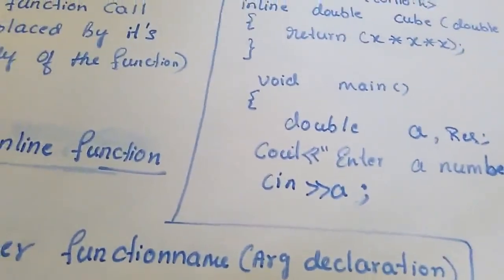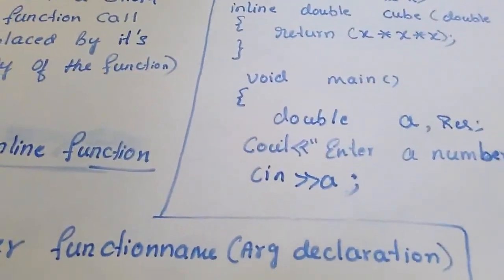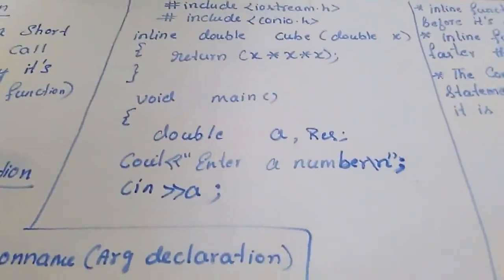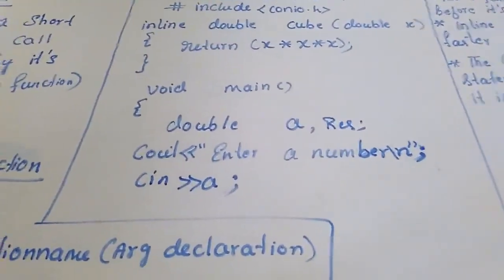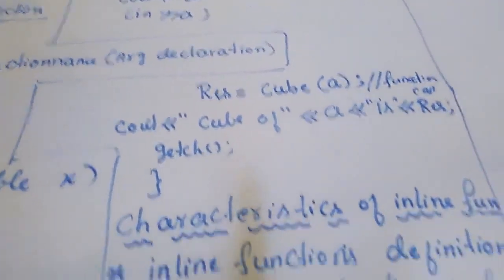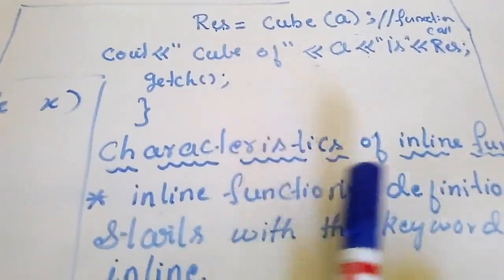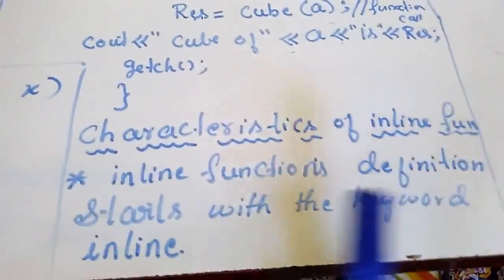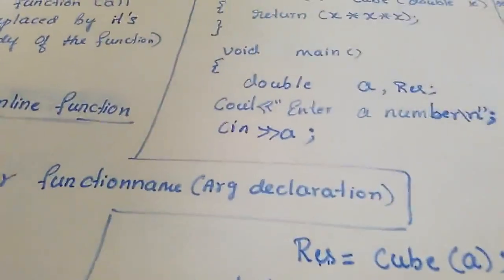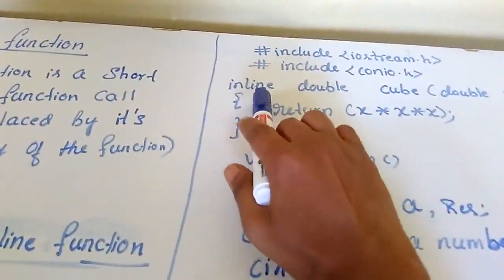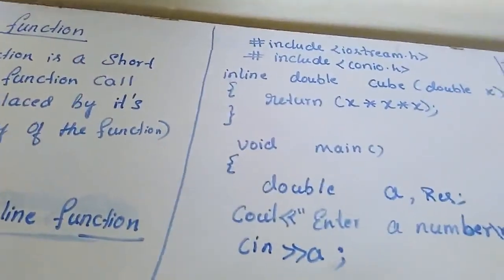What are the rules or characteristics of an inline function? How do we write an inline function in our program? The first characteristic: the inline function definition starts with the keyword inline. If you want to make any function inline, you must add the keyword inline at the beginning of the function definition.